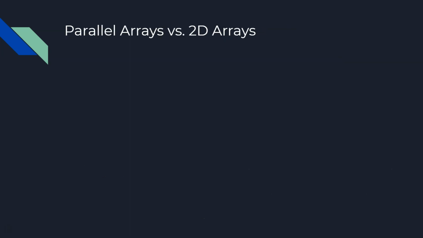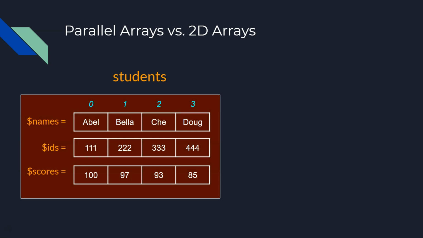All right, so let's take a look at parallel arrays versus 2D arrays. This is coming from the previous examples where I have three parallel arrays representing the names of students, their associated IDs, and their test scores. In this example, I have three separate variables for three separate arrays, and to use them I have to loop through every array using the same index, because they are parallel, meaning they match up with the same index.